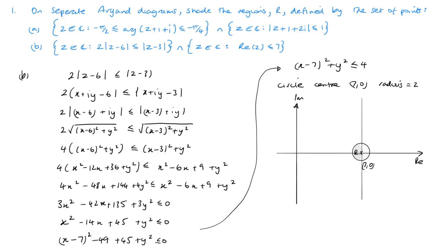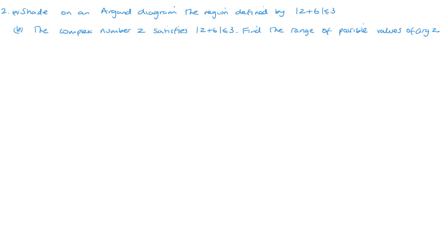Right, let's go on to question 2. So part A, shade on an Argand diagram the region defined by modulus of z plus 6 is less than or equal to 3. So here's my Argand diagram.